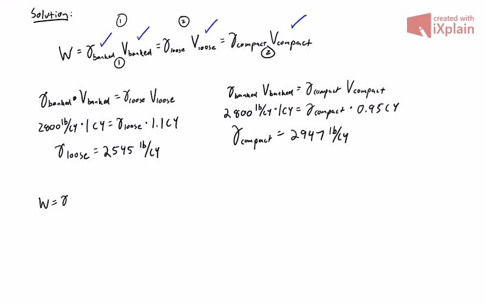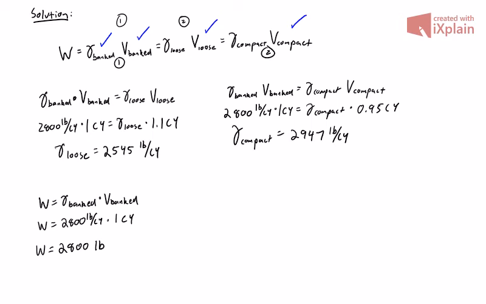The weight of the soil is equal to the banked specific weight times the banked volume. So the weight of the soil is equal to 2,800 pounds per cubic yard times 1 cubic yard. So we have 2,800 pounds of soil.